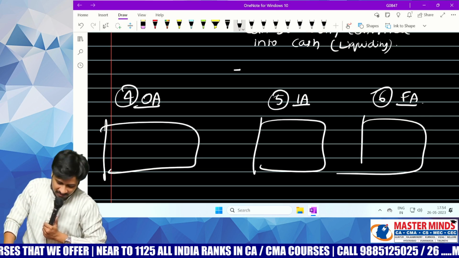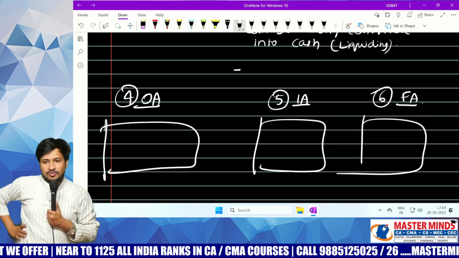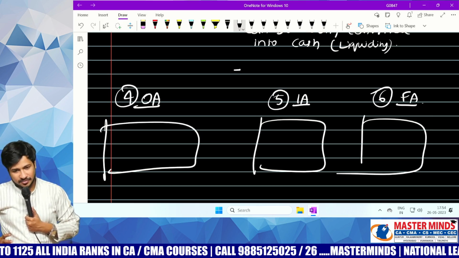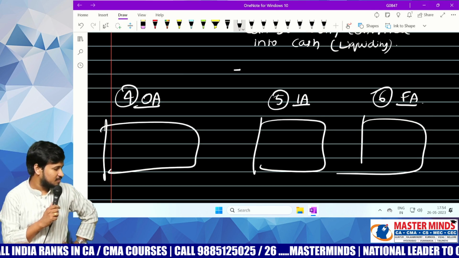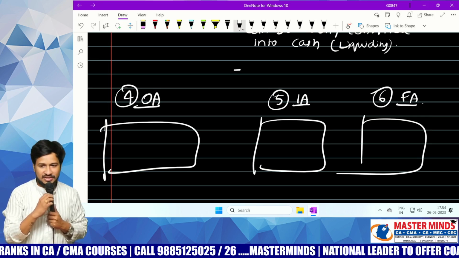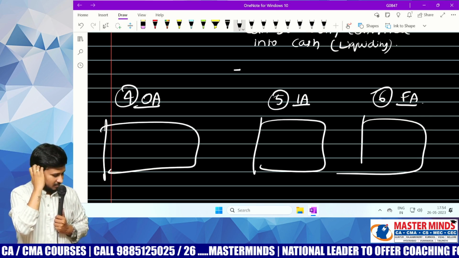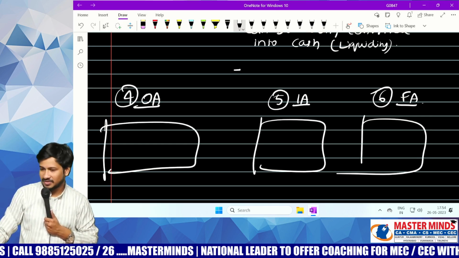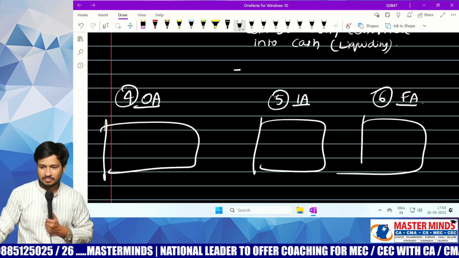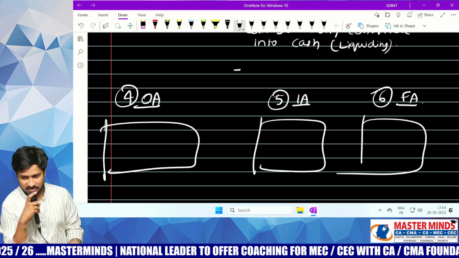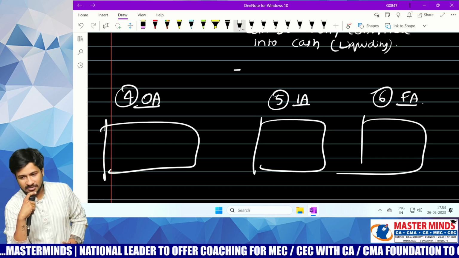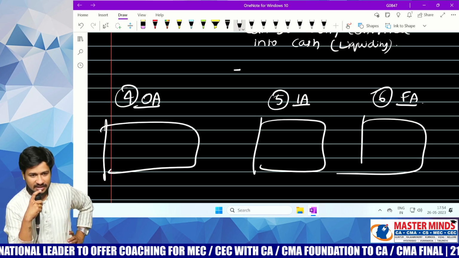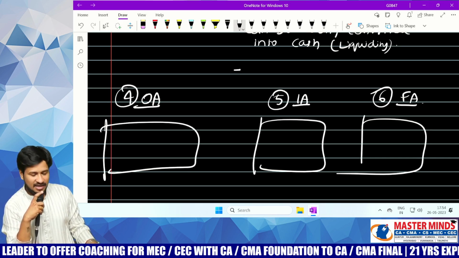Write in operating activities: those items which are connected to principal revenue generating activities. I'll be giving you all the examples, so here no need to write the examples at all.